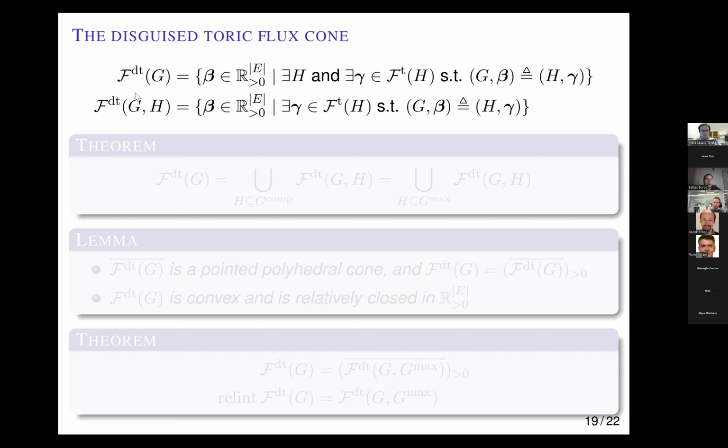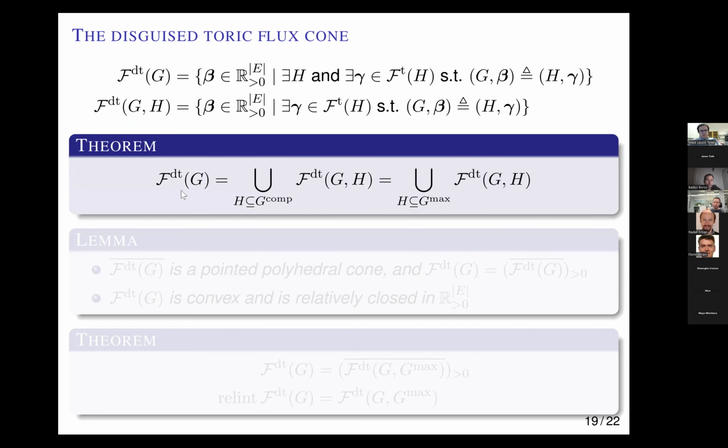Or I can ask the same question by fixing the graph H, and then the theorem, which was actually observed by Jashin and Polly and George in 2020 in a paper, says that once you want to find vertex balanced realizations or just weakly reversible realizations, the only thing you have to do is go through subgraphs of the complete graph, source vertices of the complete graph.